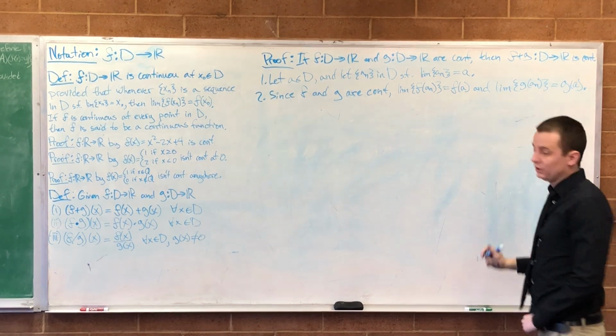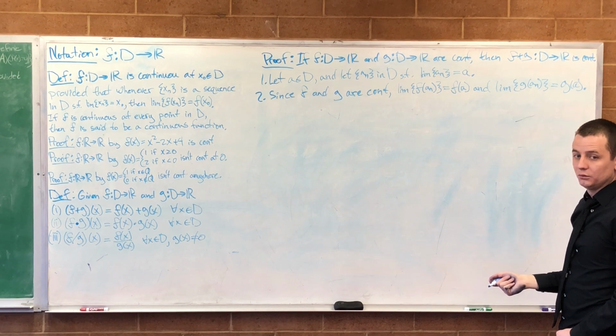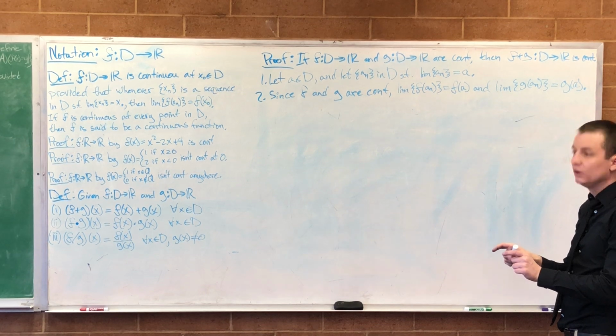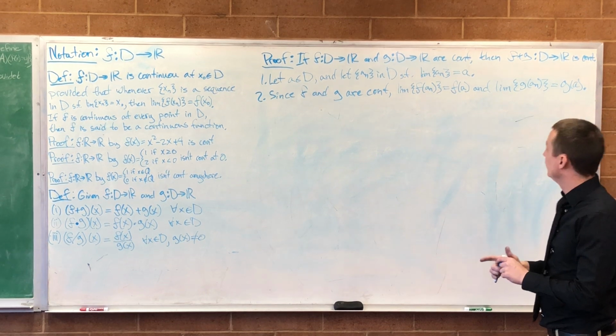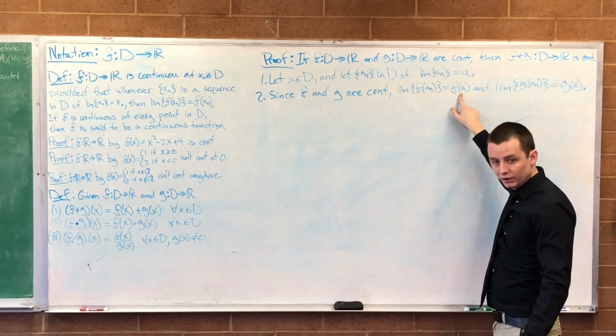That's what it means for them to be continuous. Pick a point in the domain, pick a sequence that converges to the point. A function is continuous if and only if the limit of the image of the sequence is equal to the image of the limit.